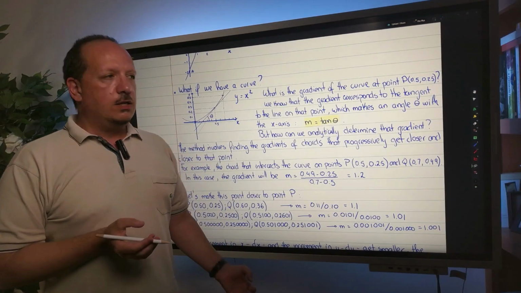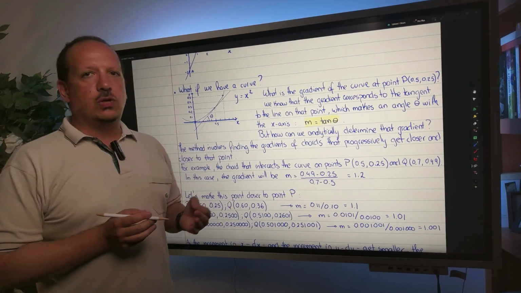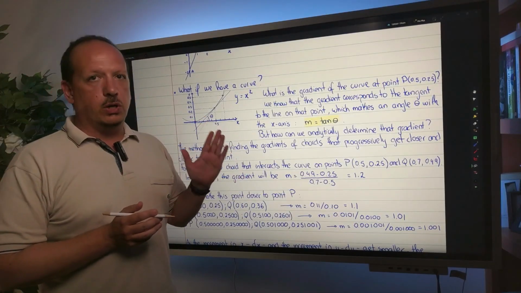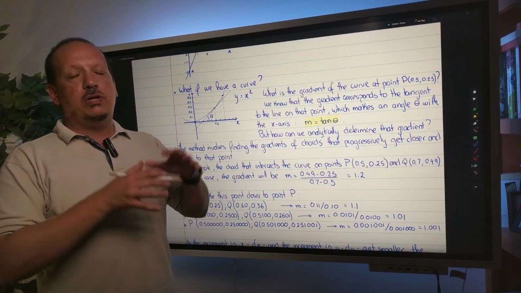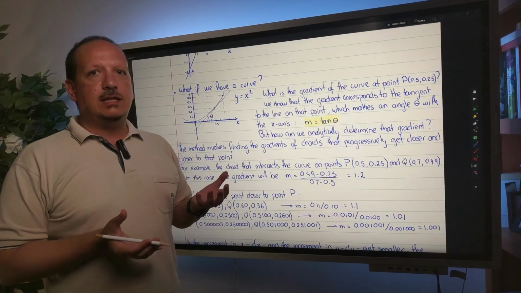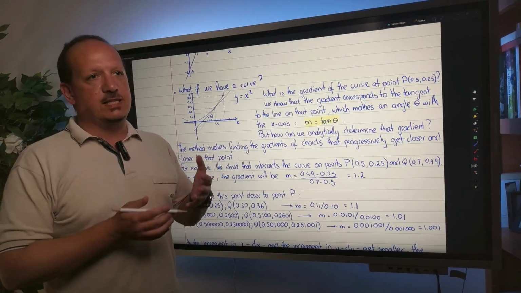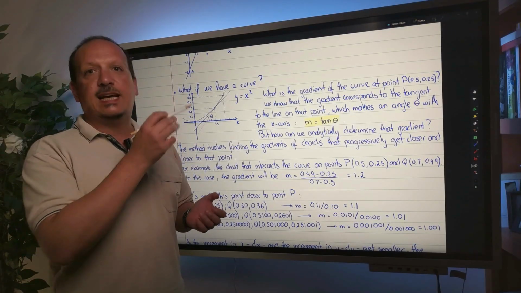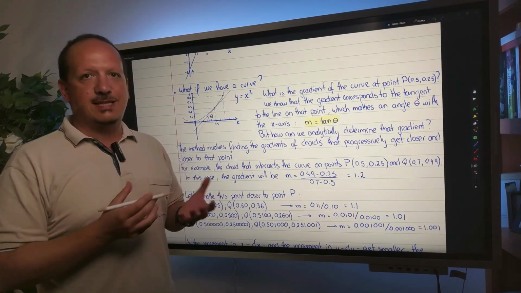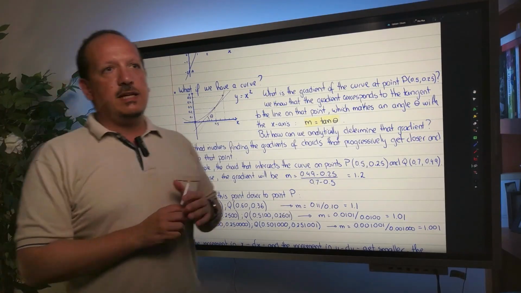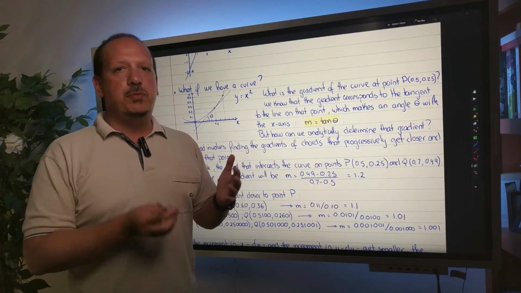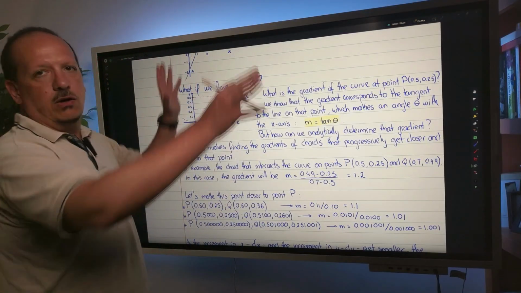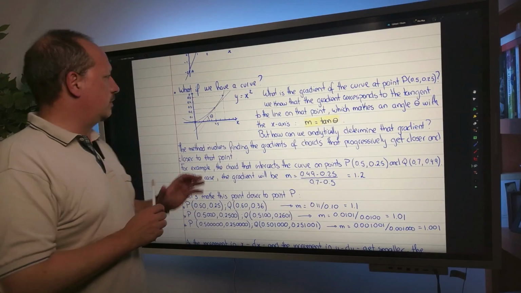So we need a method that allows us to calculate the gradient of a point belonging to a curve irrespective of whether you have access to the sketching or the drawing of the function itself, and that is not dependent on the ability of people to draw tangents. And this is what this whole chapter is about.